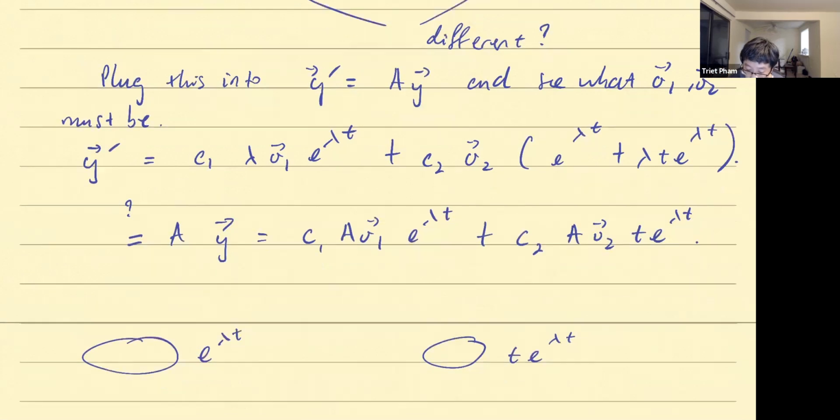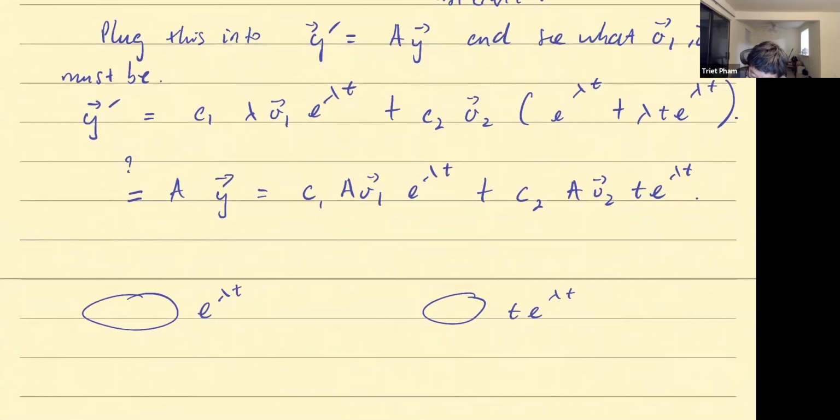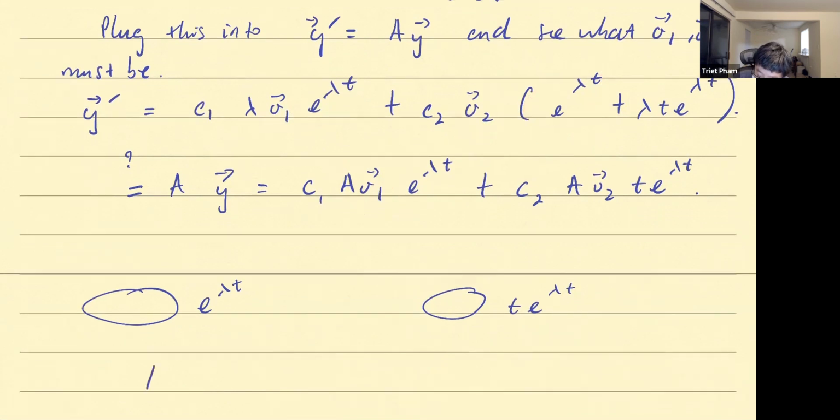All right, so what does that mean then? The part multiplied by e to lambda t actually has two pieces: v2 and lambda v1. And here you have A v1. So in fact, you discover that A v1 must be equal to lambda v1 plus v2.